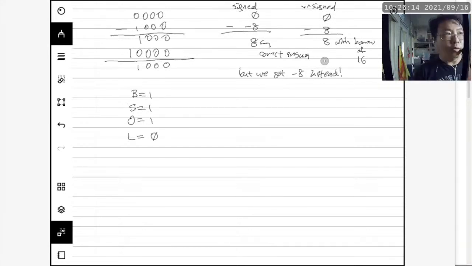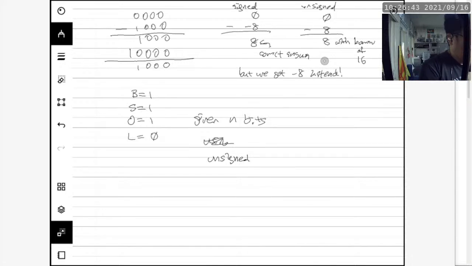Now, I know we are running out of time, but I think it is important to cover this because we have just covered enough material to make what I'm going to present next really make sense, and basically wrap up everything that we have talked about regarding signedness and the range of numbers. So given n bits, using the unsigned interpretation, the value can range from 0 to 2 to the power of n, the whole thing minus 1.